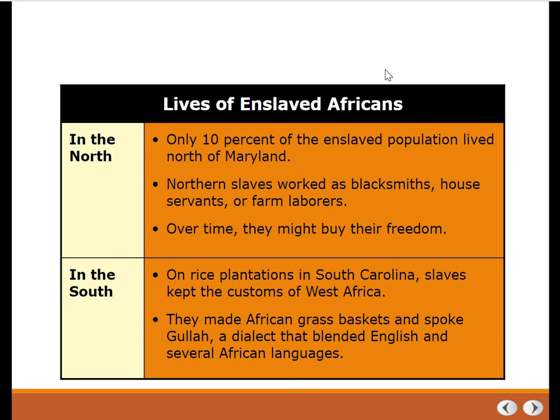And over time, it's possible that there was a system of buying freedom, though not always. However, in the South, on the rice plantations, the cotton and tobacco area, they often just worked as farm laborers out in the fields, oftentimes a very labor-intensive crop. But there was a larger population.